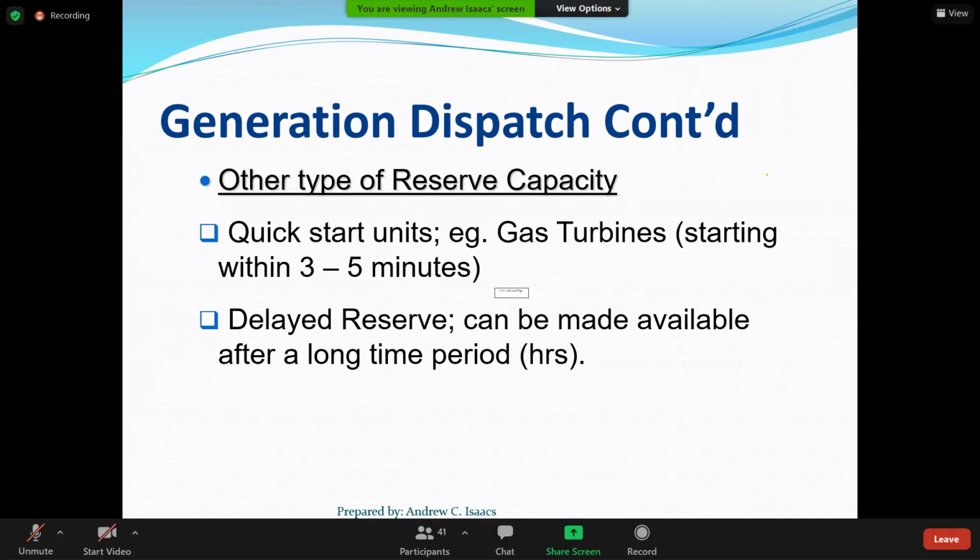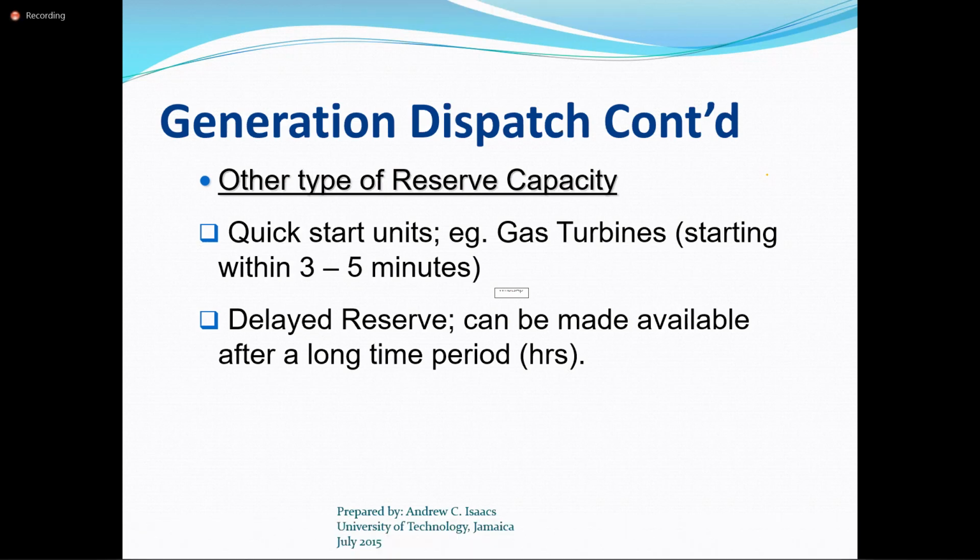Now, when you lose a generator, what will happen is that if the system becomes unbalanced, meaning that there's a higher demand than what is being generated, the other generators in the system are going to respond.